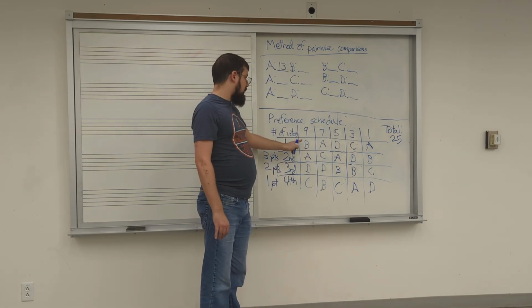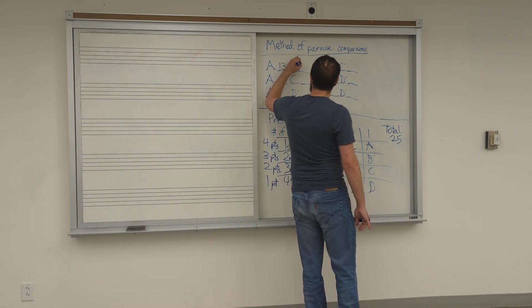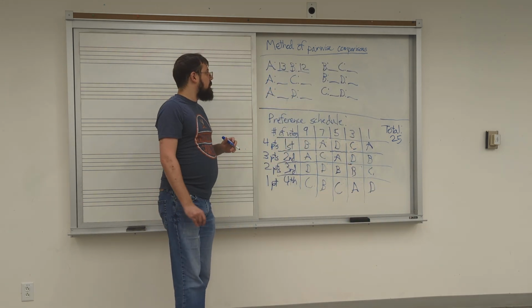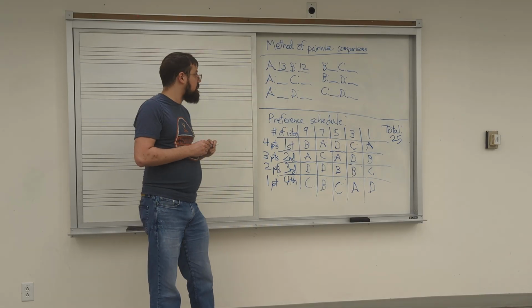Versus for B, we just have this column with 9 and this column with 3, so that's 12 votes total. All right, so in this case, A wins this pairwise comparison.